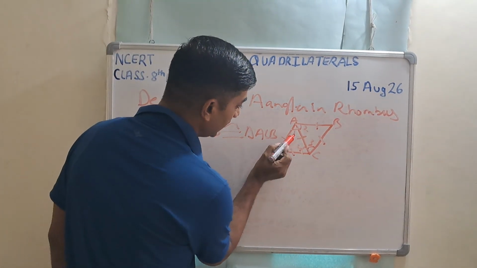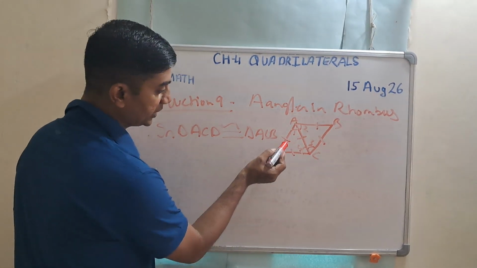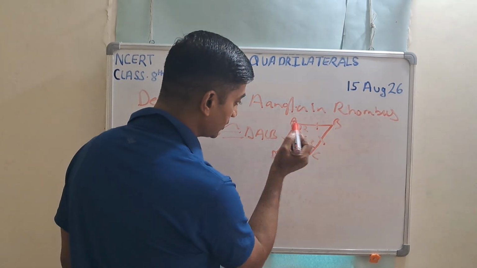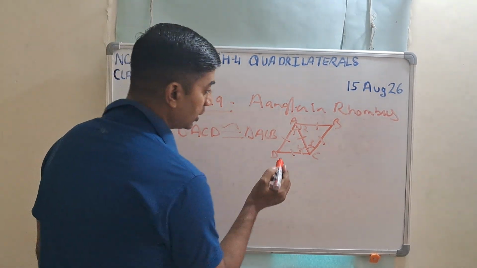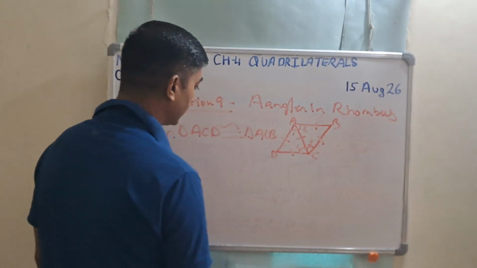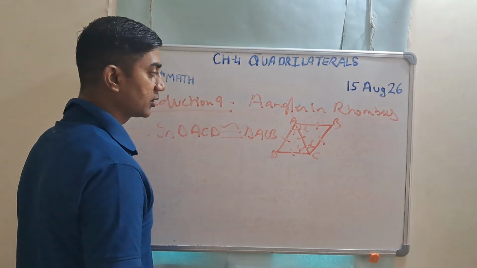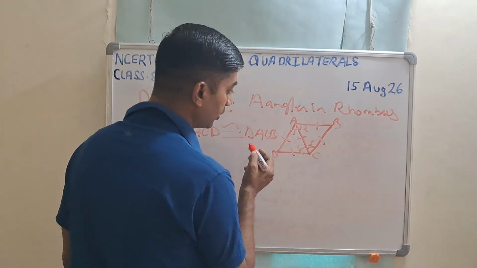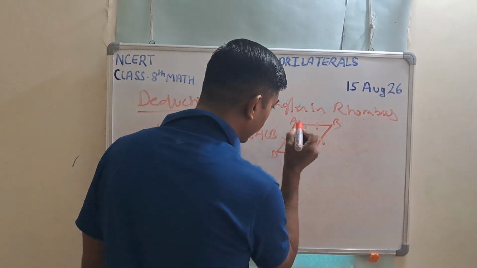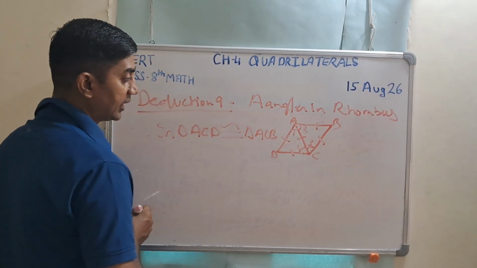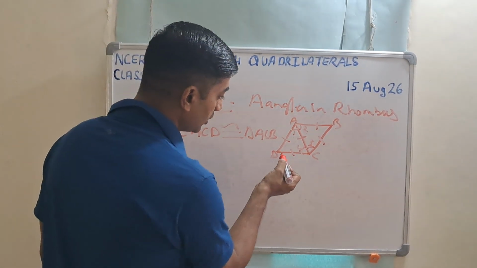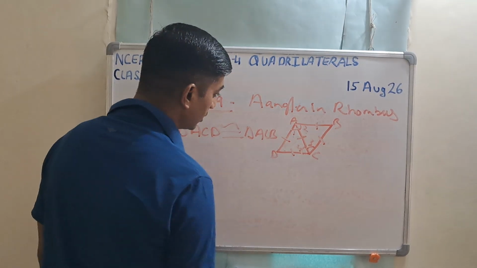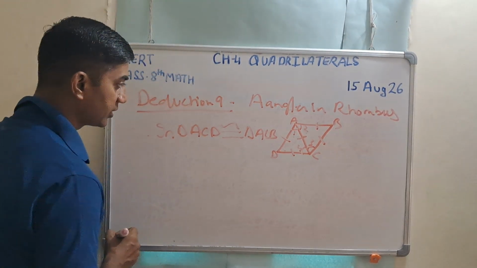Now see, angle 1 is equal to angle 4, that we have proved, these are opposite angles. Angle 2 is equal to angle 3 since these sides are equal. Now angle A is equal to angle C since these are the opposite angles of the parallelogram. So angle 1 plus angle 2, plus angle D, we will see this is 180 degrees. Understood?